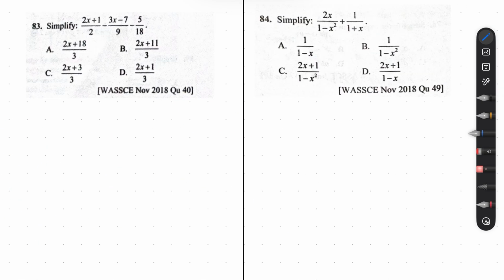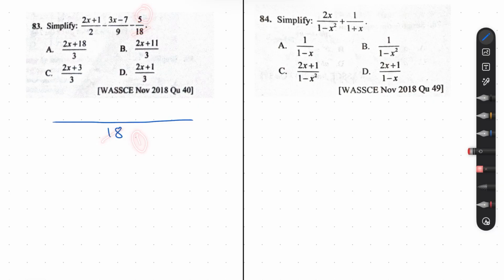It says simplify this expression. Okay, so find the LCM. The LCM is what? 18. Okay, cool. So 2 going to 18, how many times? 9. Then to multiply this, and here we have 9 will go into 18 twice, and this 2 will multiply this, and 18 will go into 18 once, and this 1 will multiply the numerator.